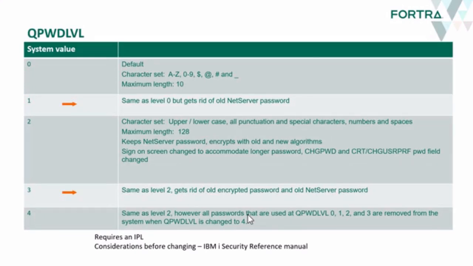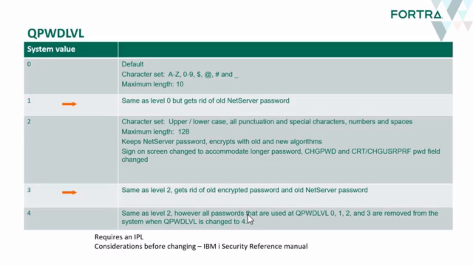When we move to level 2, that's when things start getting more interesting because now we have case sensitivity. We've got up to 128 characters. So we can see that just being able to put in a password that's longer than 10 characters is really important.